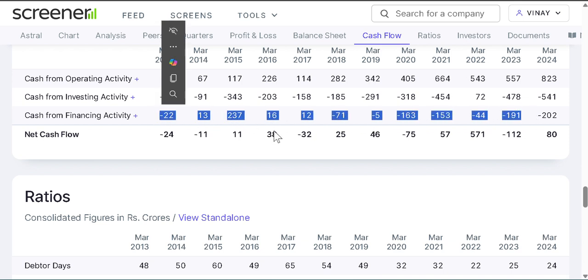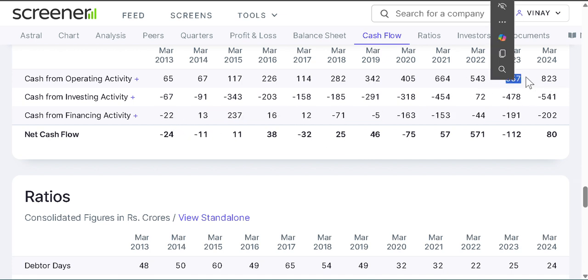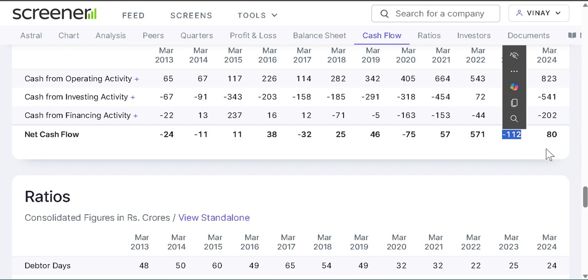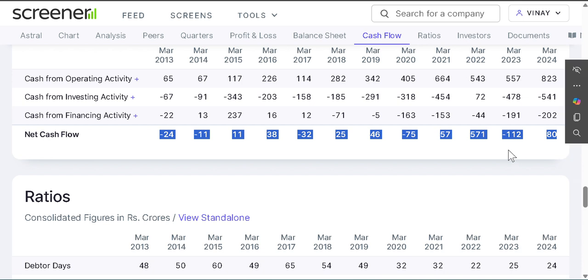So based on the CFO, the equation is CFO minus CFI minus CFF. The overall figure comes as the net cash flow. So don't confuse net cash flow with free cash flow.